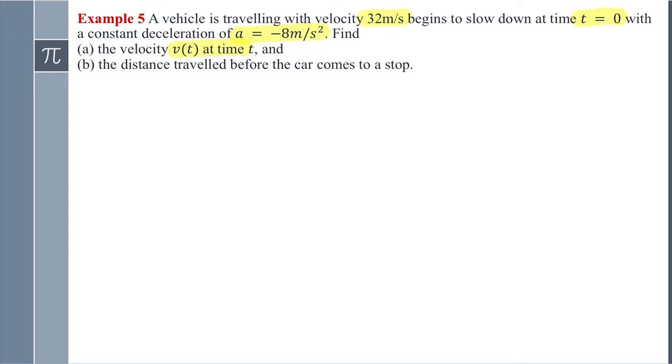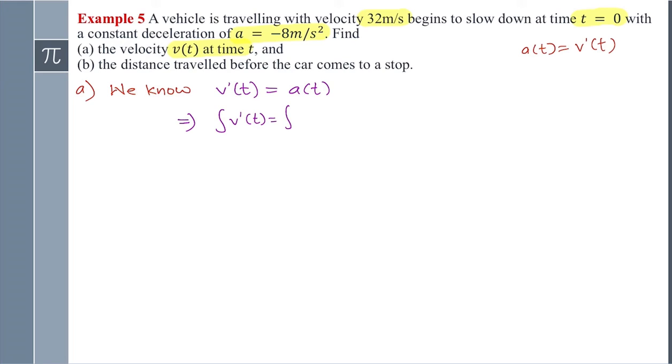So remember, acceleration is given by the derivative of velocity. Okay, so we can write that here. So for A, we know that the derivative of velocity gives us the acceleration. I need more space, so I'm going to write here.